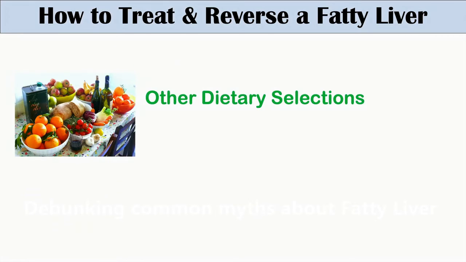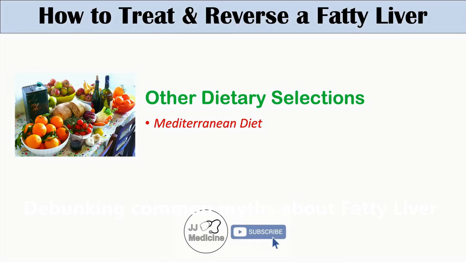Now, there have also been other dietary selections that have been shown to help treat and reverse a fatty liver. These include the Mediterranean diet. Now, I have an entire lesson on different types of diets with regards to non-alcoholic fatty liver disease. So if you want more specific information on diets in non-alcoholic fatty liver disease, please check out that lesson.